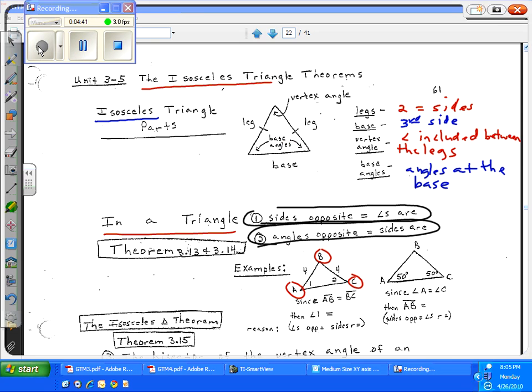If we were talking about this side and we wanted angles adjacent to that, it would be the angles next to that, the ones that include that. So these two angles would be the angles adjacent to the blue leg there. And this angle over here would be the angle opposite that side. See that angle opposite in green versus the angles adjacent in red in relationship to the leg that I colored blue there.